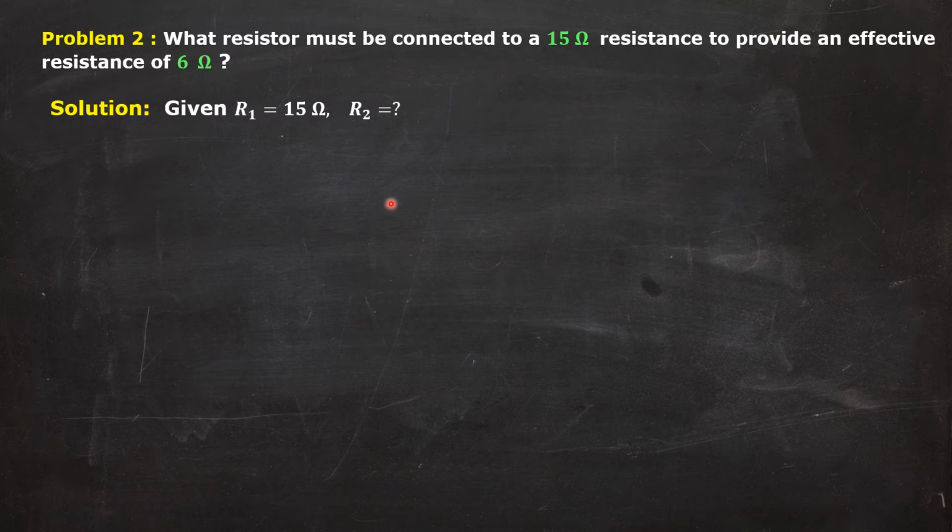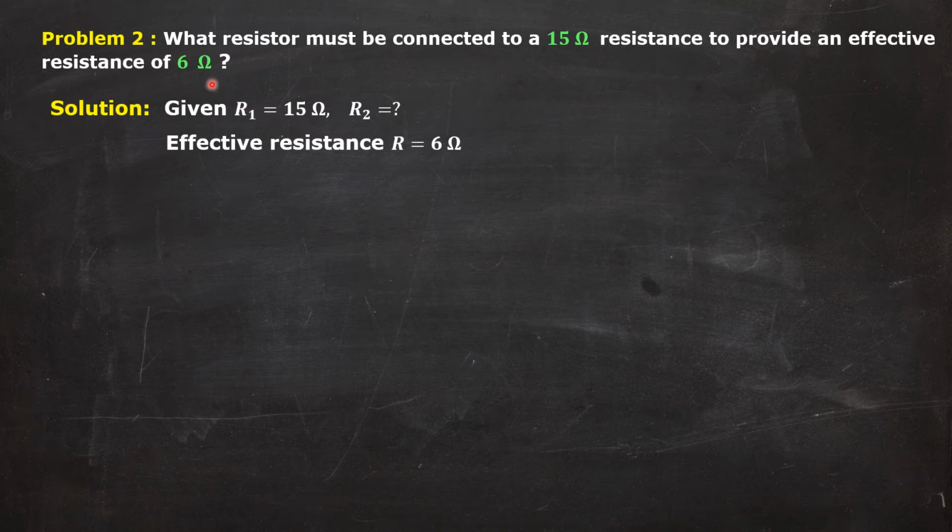So in order to get the effective resistance or equivalent resistance of 6 ohms, what resistor must be connected and how it should be connected to a 15 ohm resistor, that we have to calculate.